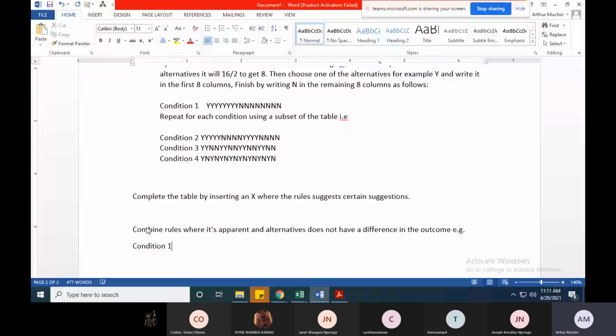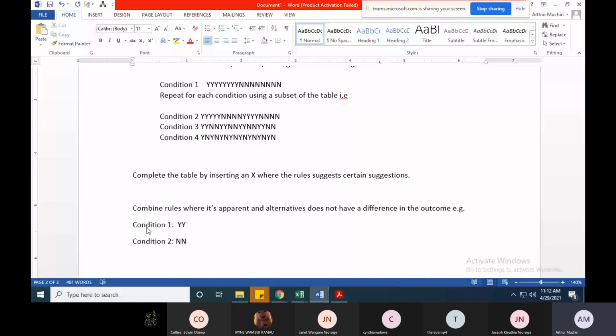Has a yes, and then condition 2 has a no. Then action. How do you write your action? This is how you write your action. I think this point should be number 6. Complete the table.